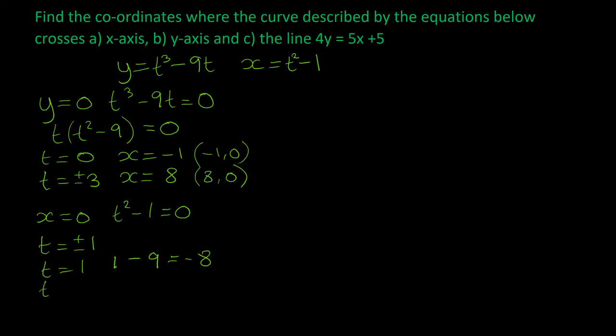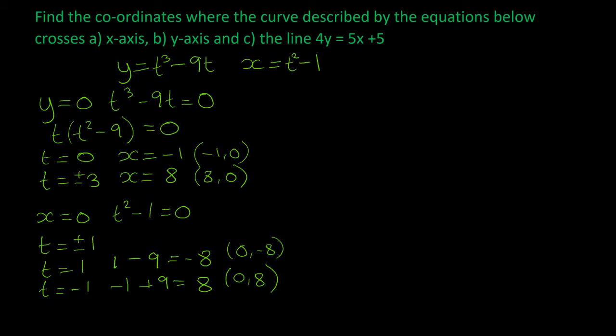And for t equals minus 1, we're going to have minus 1 plus 9, which equals 8. So we're going to have 0, minus 8 and 0, 8 as our coordinates for crossing the y-axis. So now let's look at the line.